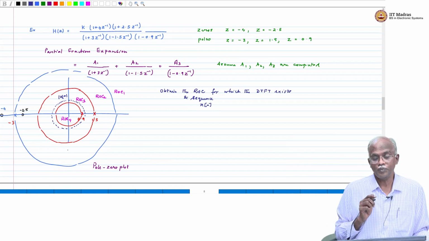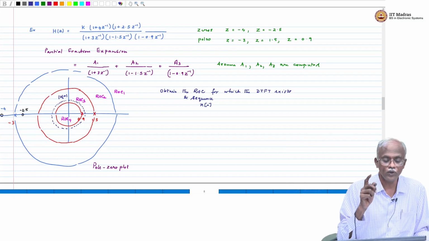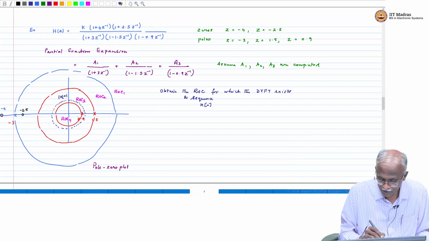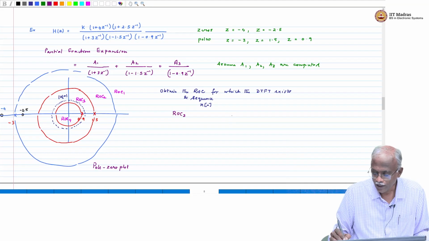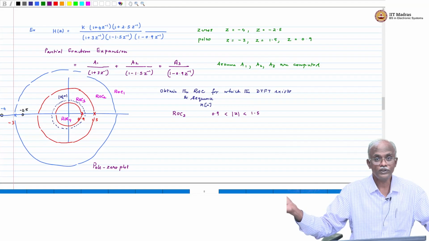The first point is that for the DTFT to exist, the ROC must include the unit circle. So the region of convergence that includes the unit circle is ROC3, where mod z is greater than 0.9 and less than 1.5. Now, how many poles are to the right and how many poles are to the left?